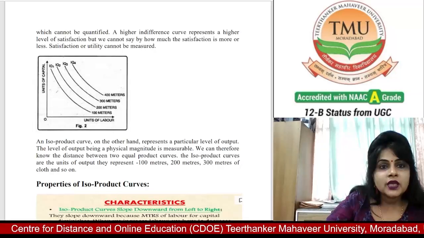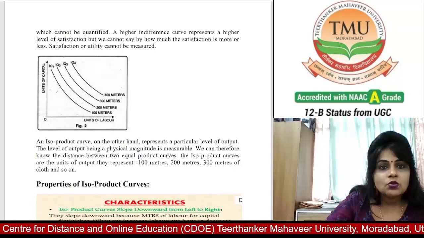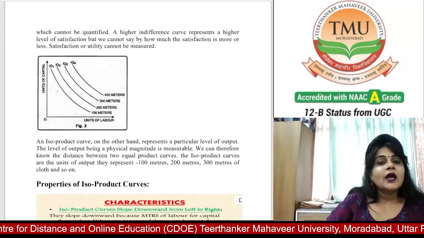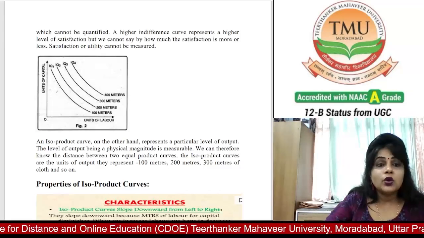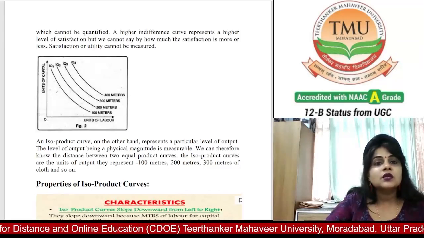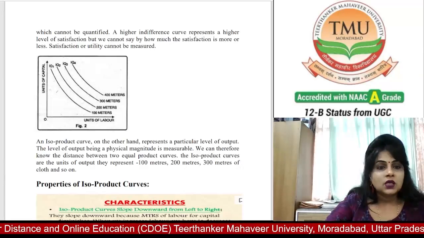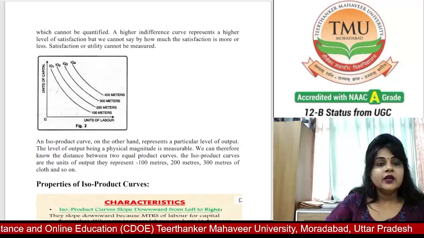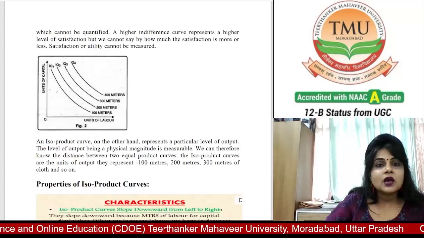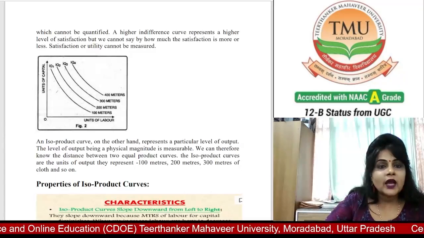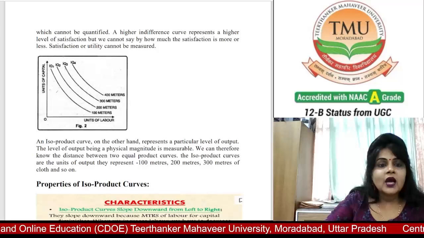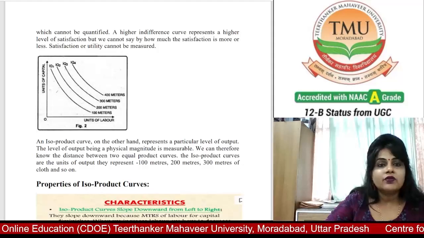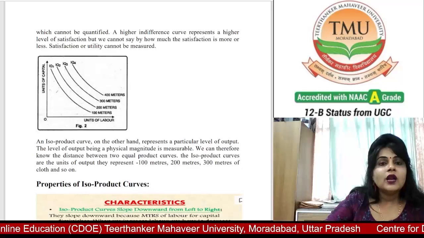You see here it has more quantities of inputs, and the isoquant curve is far from the origin. It is the key. It is far from the origin. It is known as the higher isoquant curve, and the one near the origin is known as the lower isoquant curve.